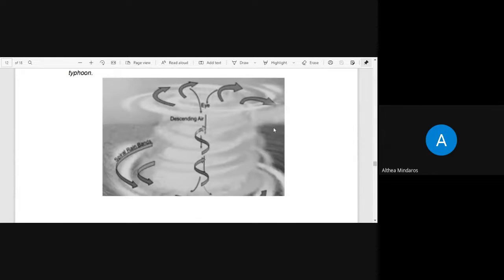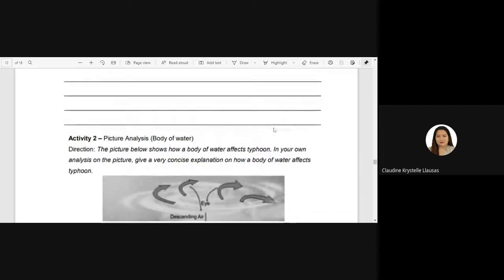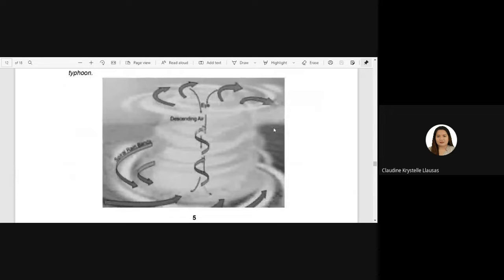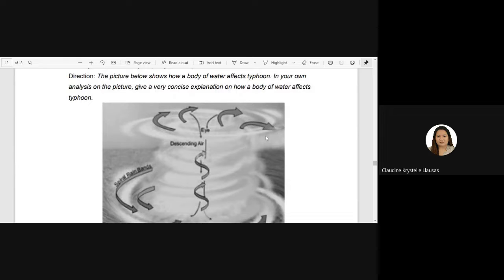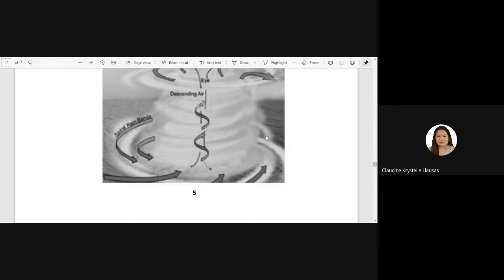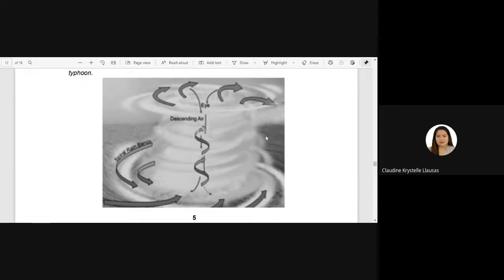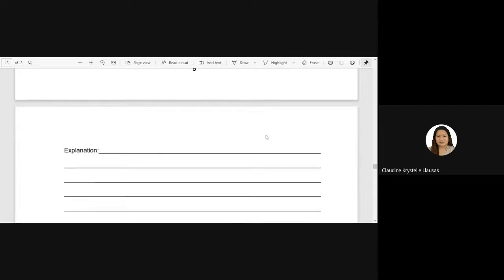Picture analysis. Ingani ang nakahitabo. How a typhoon is usually produced. It affects the great bodies of water. Kanang kung na picture nga ipakita, lingin siya, di ba? Yes, ma'am. Okay, next.